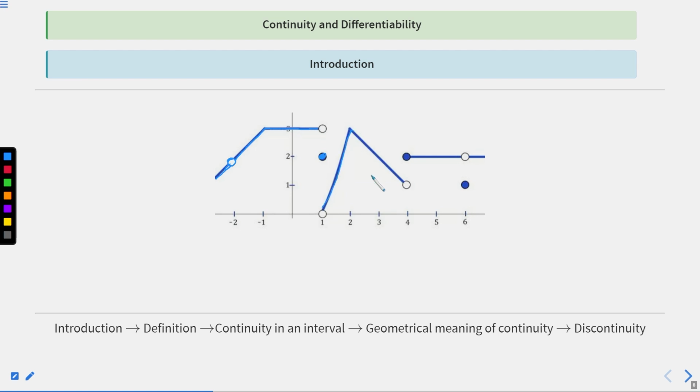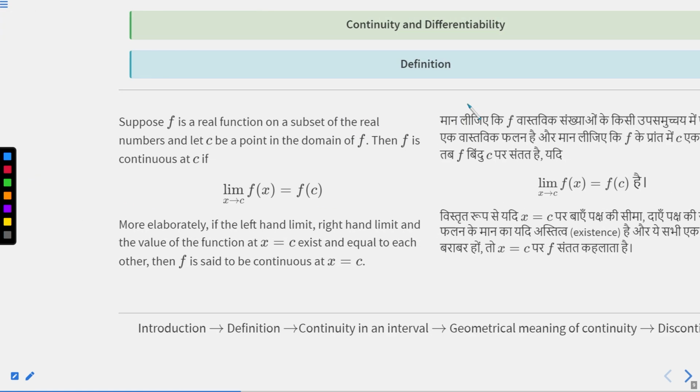These points where we are having jumps, we will be calling points of discontinuity. Clear? Now let us move to the next.